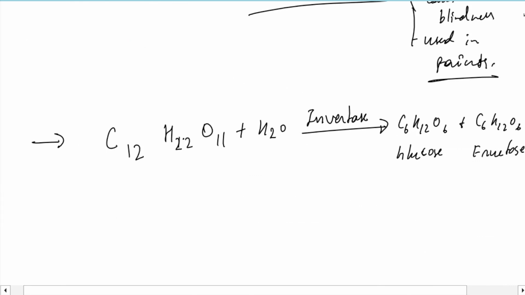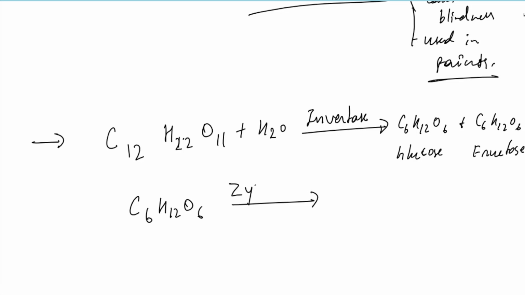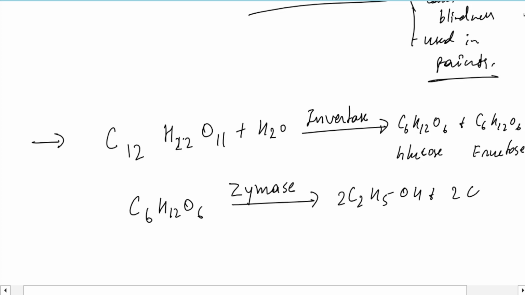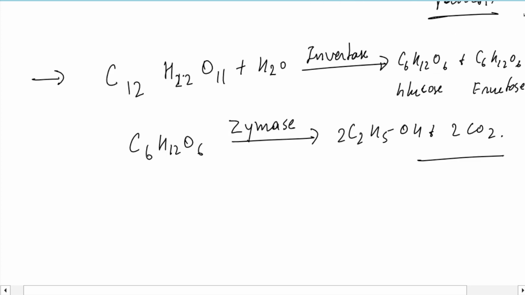And this will further react with the zymase enzyme to form C2H5OH plus 2CO2. So that's how ethanol is prepared industrially.